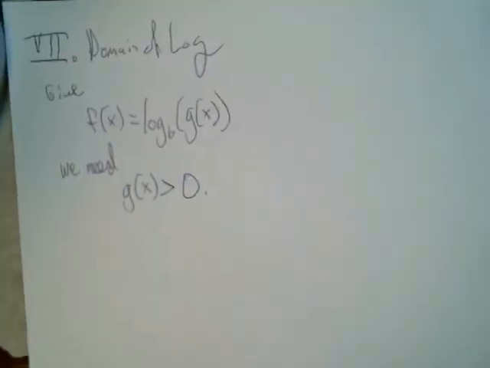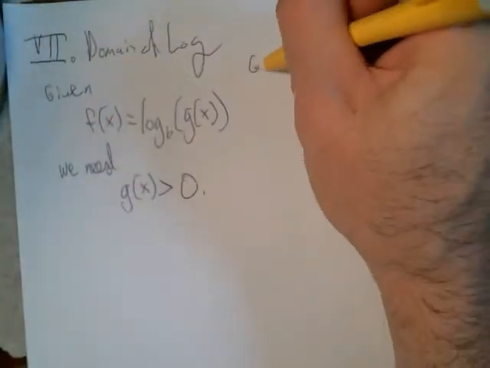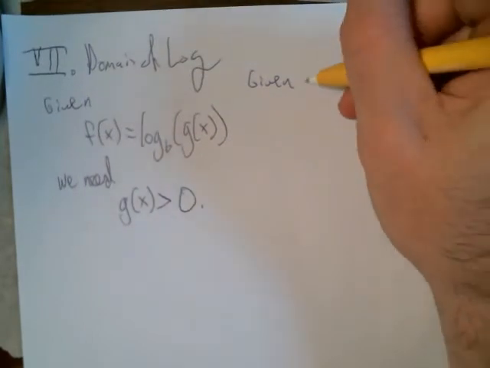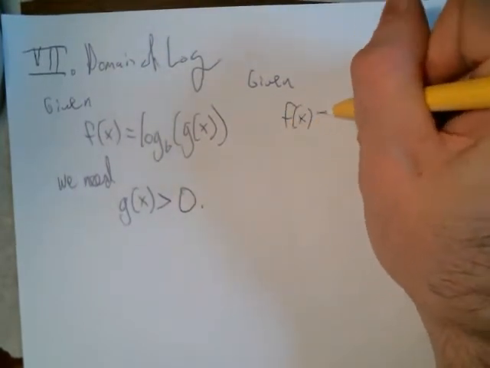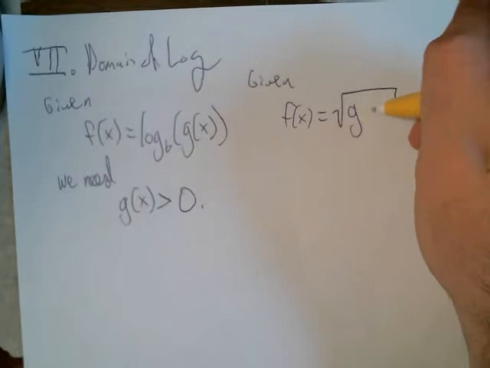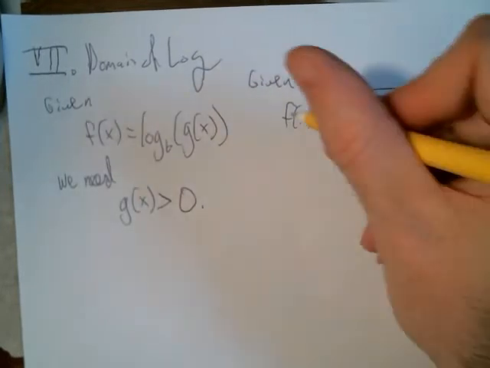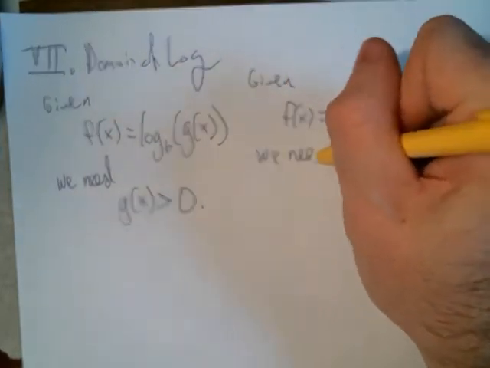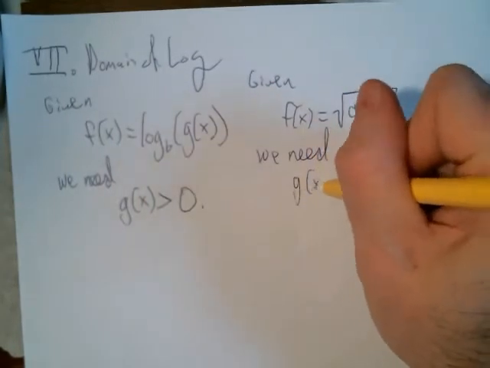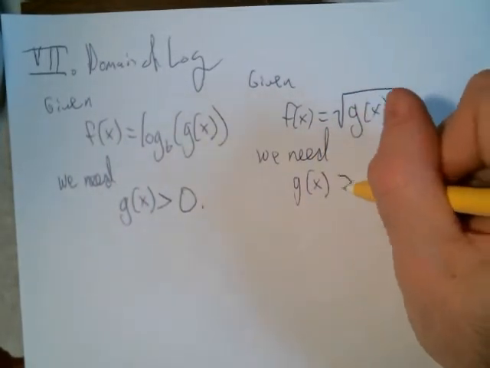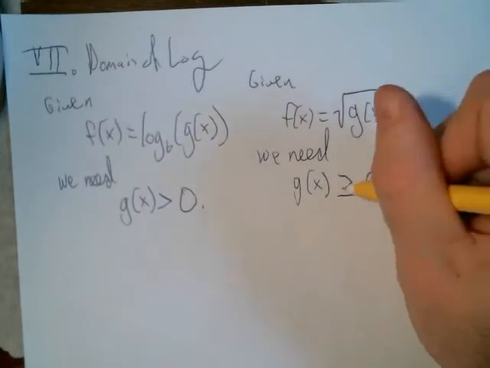Okay? So before, in a similar problem, given f of x equals the square root of g of x, we would have said that we need g of x, the guts of that radical, to be greater than or equal to 0.